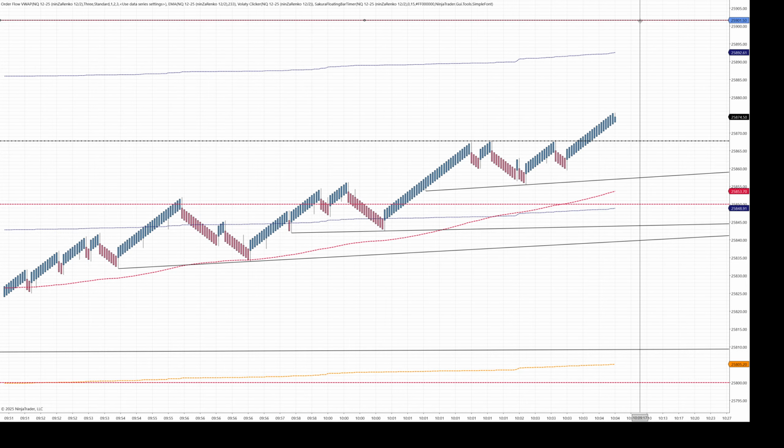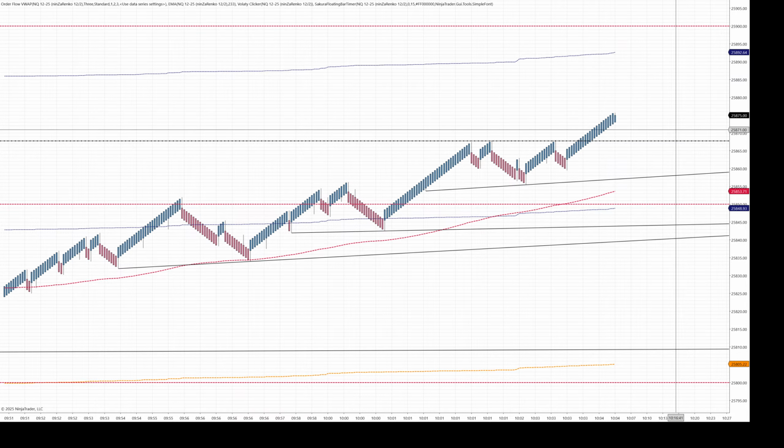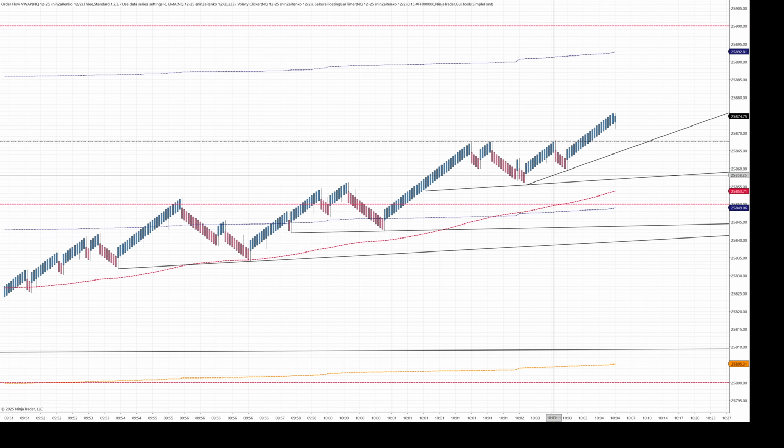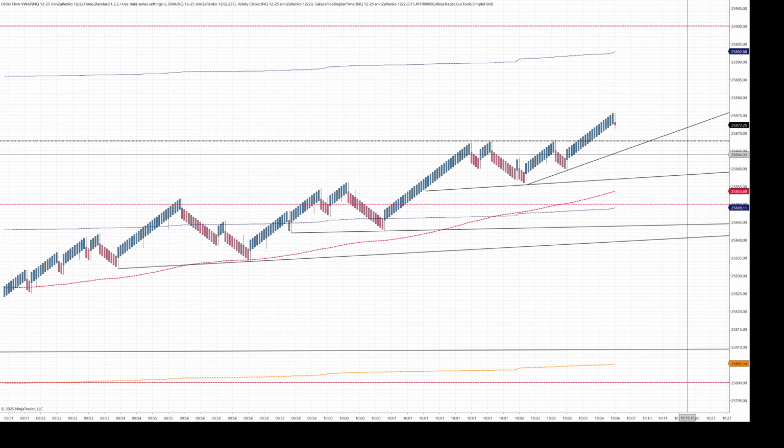To go ahead and put a 900 level up there above us. Another upward trend line here.